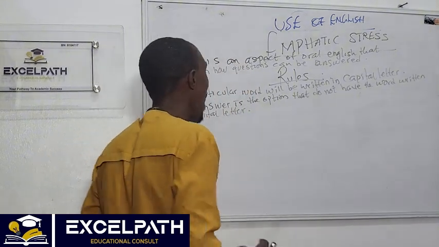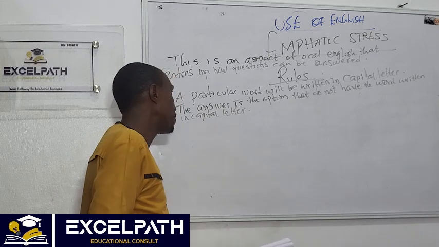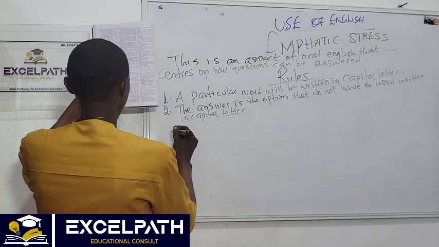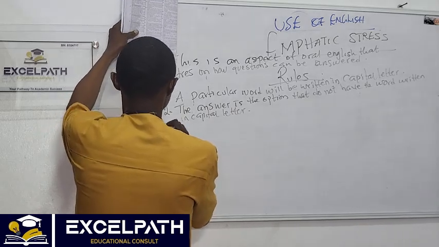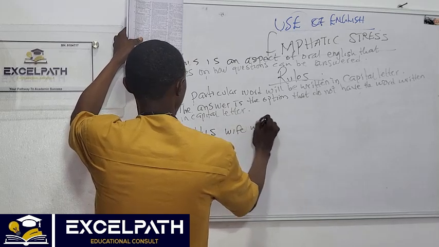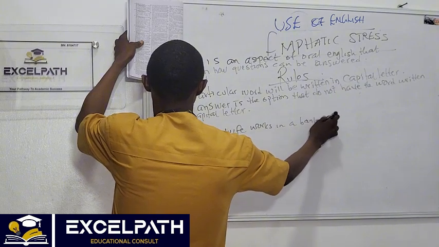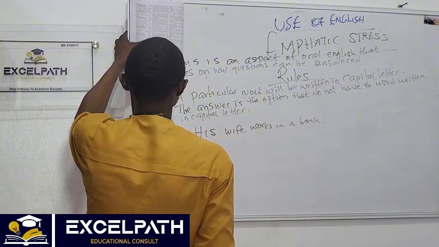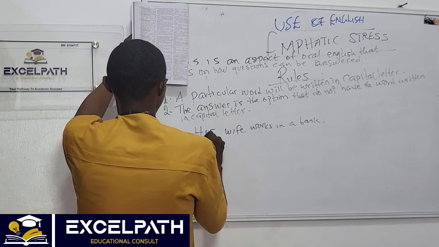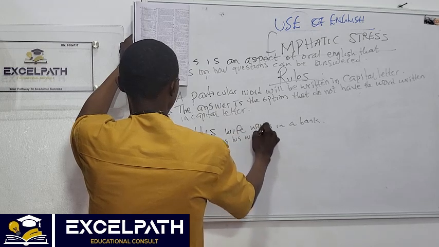Then I will show you how questions have been advanced to the third principle that students still fail in. Look at this question. They said, his wife works in a bank. Option A, where does his wife work?